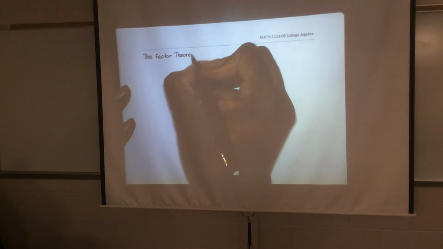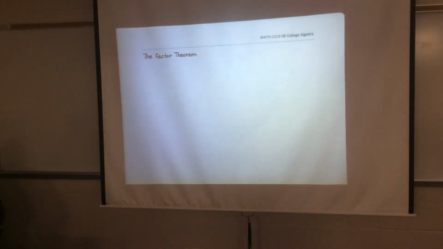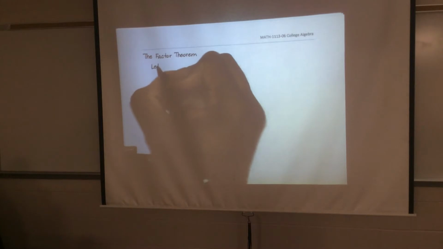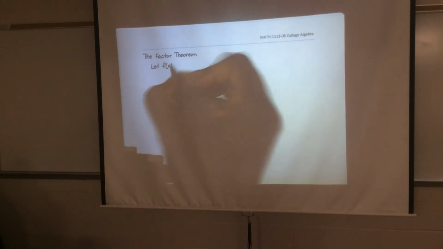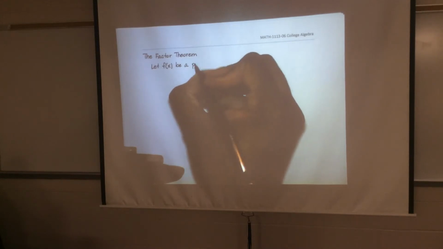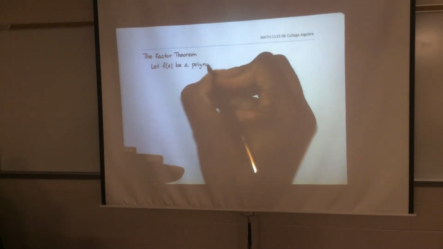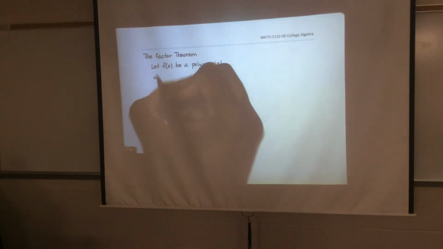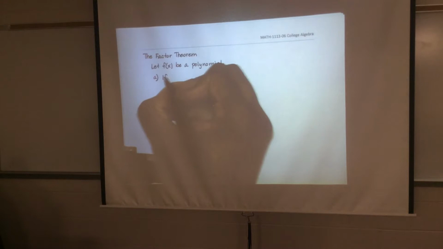The factor theorem is going to help us find zeros of the polynomial function, and you'll be given that one of the numbers is a zero of that particular function. So here, the factor theorem states, if we let f of x be a polynomial, part A is this.